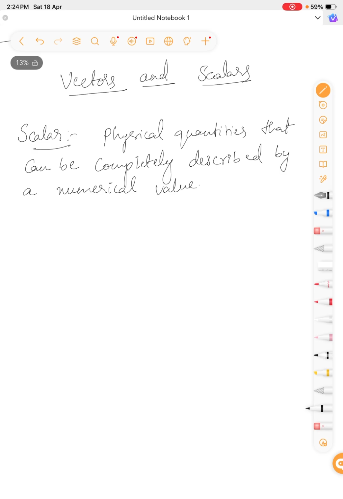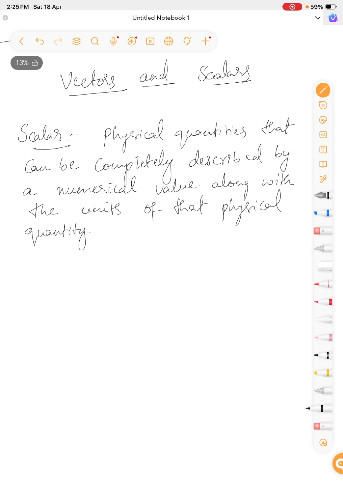That means to describe a scalar, only a numerical value is enough, along with the units of that physical quantity.